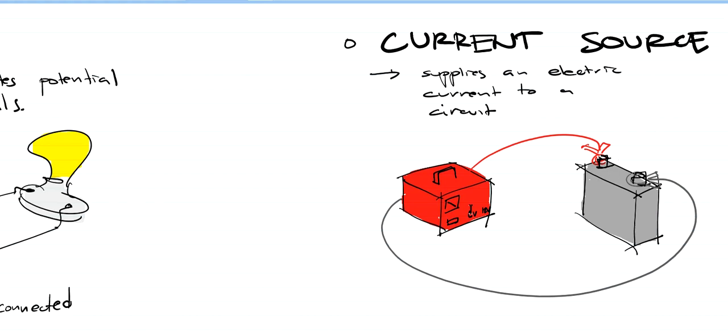So we charge it using a battery charger. We need to input current into this battery. So that's the current source.